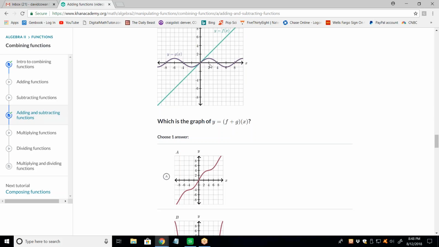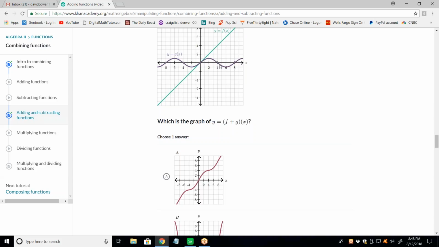So if I told you, what is f plus g of 2? What is f of 2? F of 2 is 2. No, it's 1. Oh, excuse me, you're right. What is g of 2? It is 1. So what is f plus g of 2? 2. Okay. So we know that f plus g of 2 has to be 3. Well, that point's right.